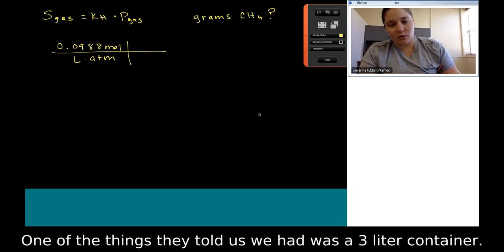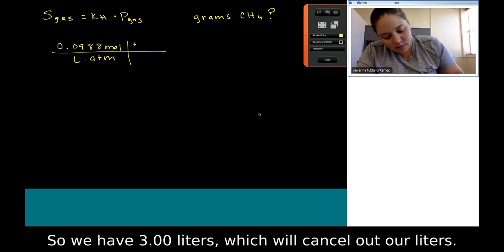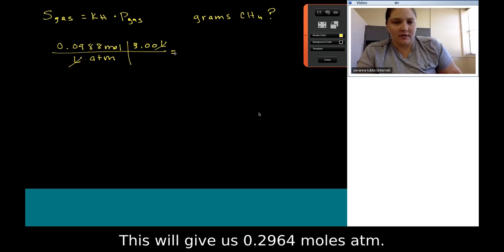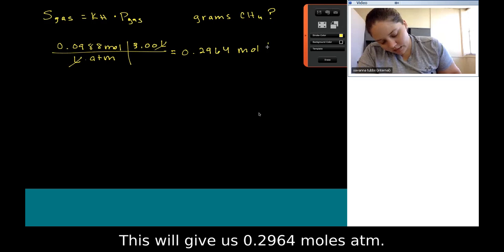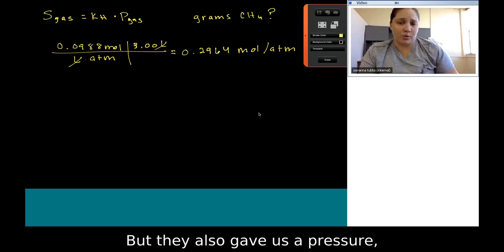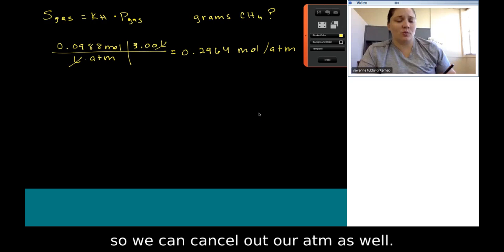One of the things they told us was a 3-liter container. So we have 3.00 liters, which will cancel out our liters. This will give us 0.2964 moles ATM. But they also gave us a pressure, so we can cancel out our ATM as well.